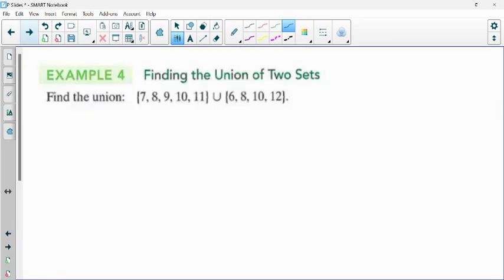All right, so here's an example. So if you're again trying to write, you can just write this problem. 7, 8, 9, 10, 11, union 6, 8, 10, 12, because you should know what the union means. If you don't know what the union is, make a little note that says union.